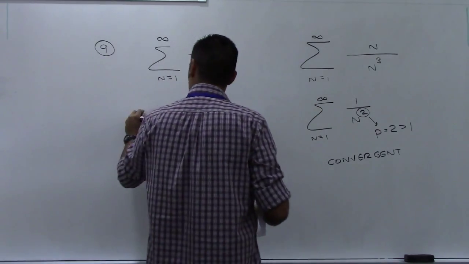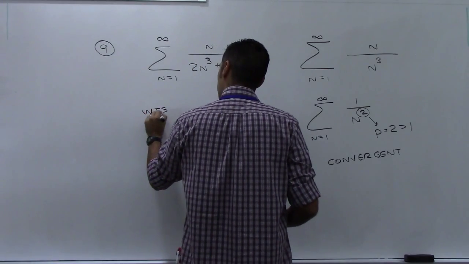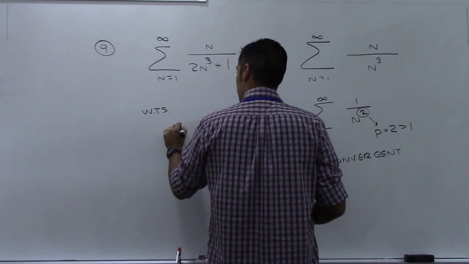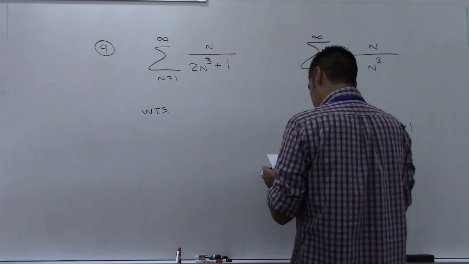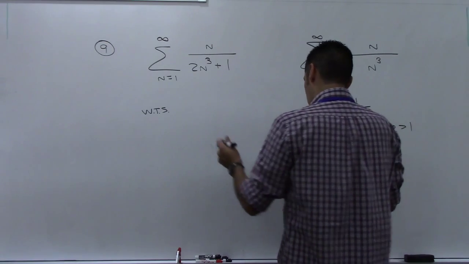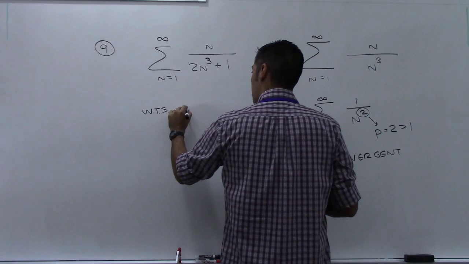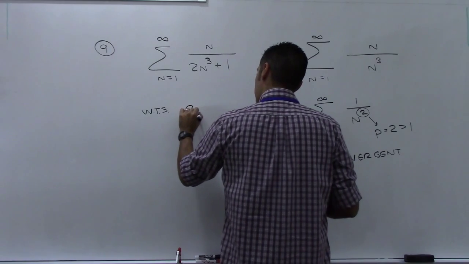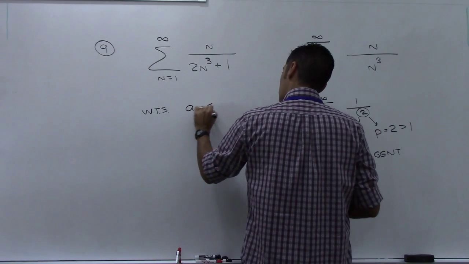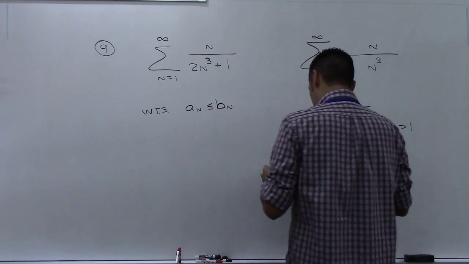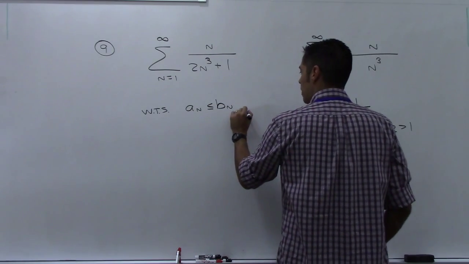So here's what I want to show. They call this one the a sub n. I want to show that a sub n is less than or equal to b sub n, eventually.